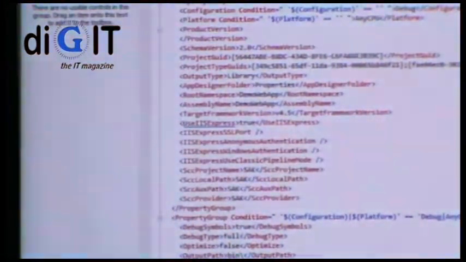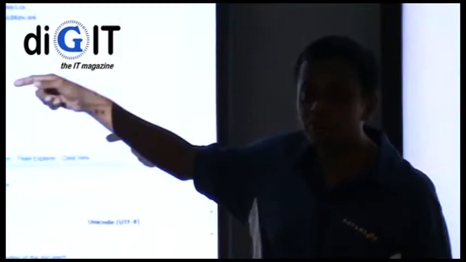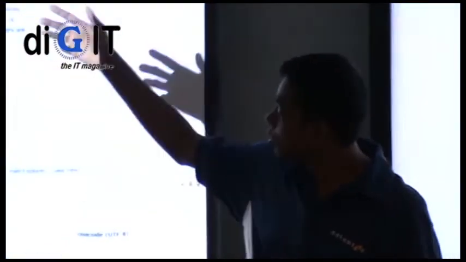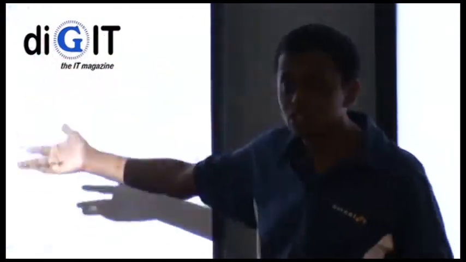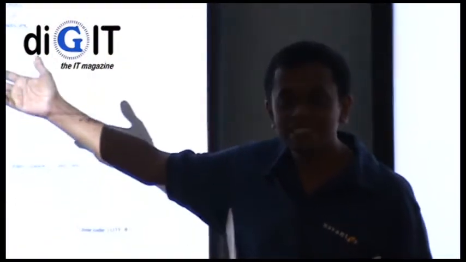What is happening here? It is actually how Visual Studio or MS Build identifies where the other related resources are, what the files in this project are, where the reference assemblies are, or what actions should be done. All these things are defined in here.